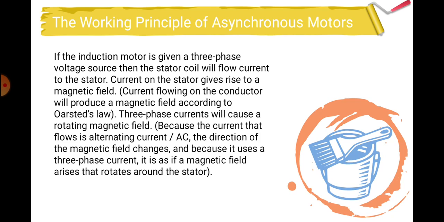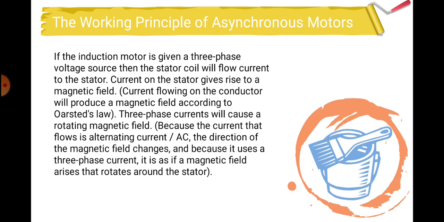The working principle of an induction motor. If the induction motor is given a 3-phase voltage source, then current will flow in the stator coil. Current in the stator gives rise to a magnetic field. Current flowing in a conductor will produce a magnetic field according to Oersted's law. 3-phase current will cause a rotating magnetic field.